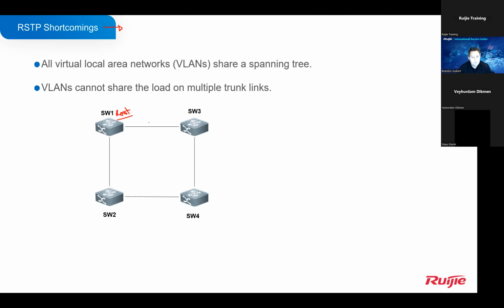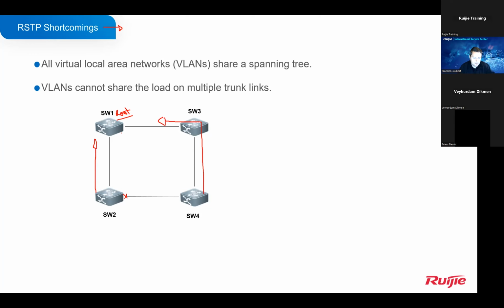And now these switches will communicate with each other with BPDU packets and interface costs and all of that to determine what interface should be blocked. So at the end of the day, this interface will be blocked. So that means that if you want to communicate from switch 4, you will follow this path like so. And if you want to communicate from switch 2, you will follow this path like this.